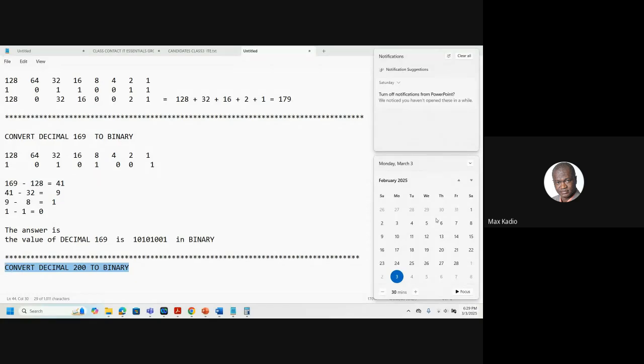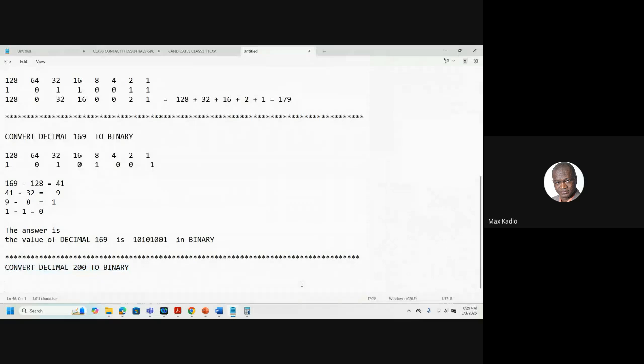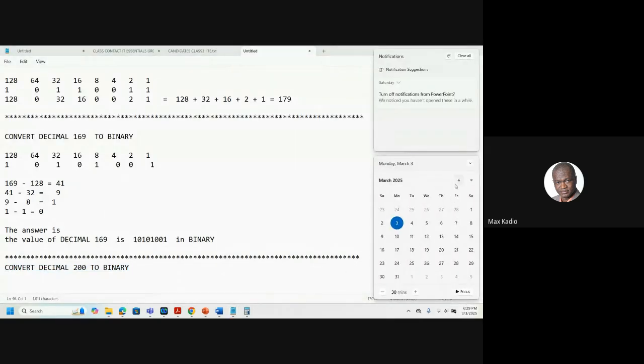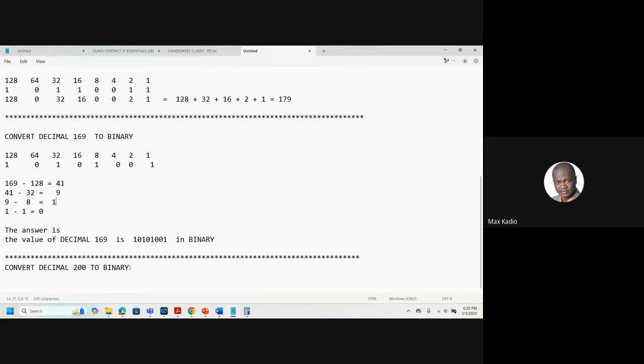From Wednesday, I'll open the register. When we finish, you can send me a direct message.